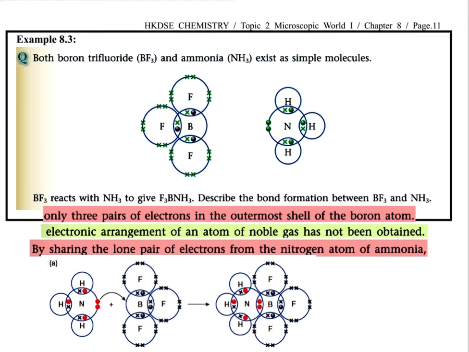For F, they have 8 electrons in the outermost shell, but for B, it has only 1, 2, 3, 4, 5, 6 electrons in its outermost shell. So this B is electron deficient, okay?